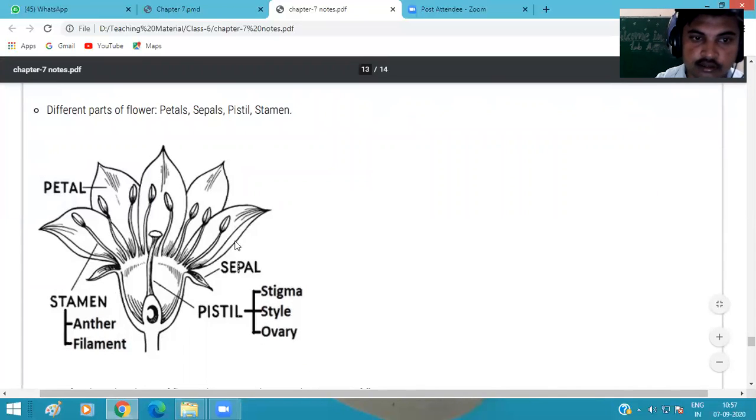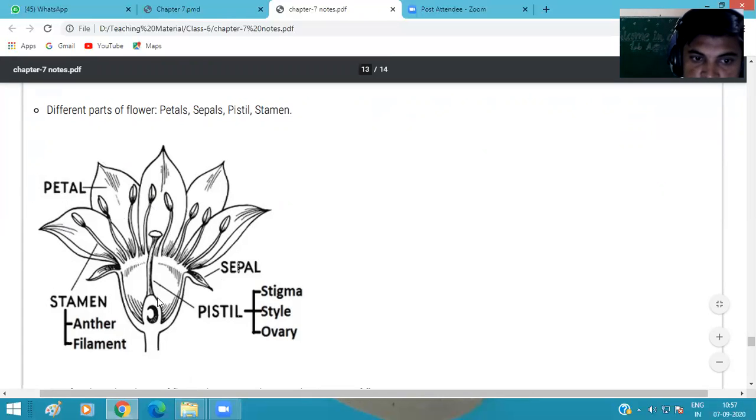To identify the different parts of the flower, we see a picture or sketch of the flower. In this, you see the colorful leaves. These are always the upper leaves which cover the reproductive part.